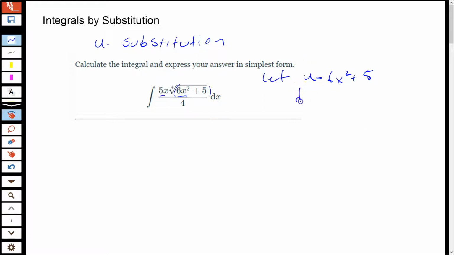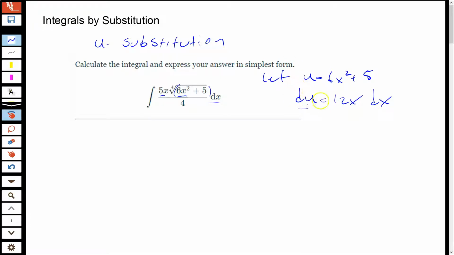Then if this is u, well, the derivative of u, du, is 12x dx. So 12x dx lets me know that I took a derivative with respect to x. And then this statement gives me the relationship between this dx operator and this du operator.